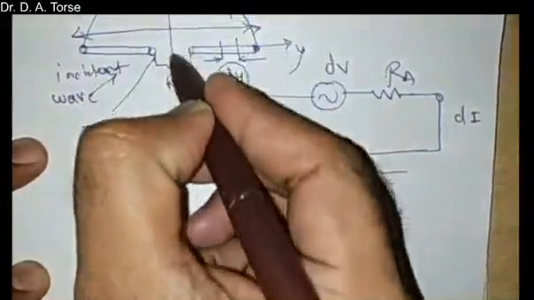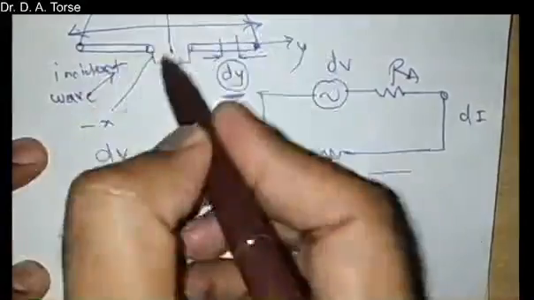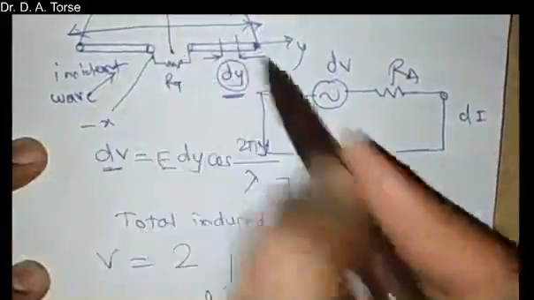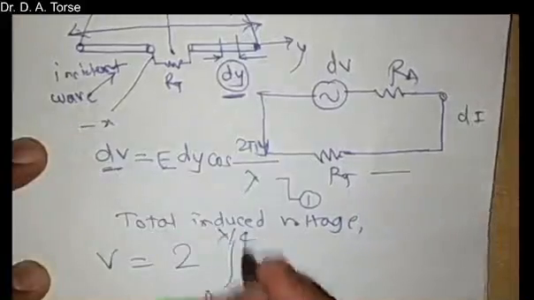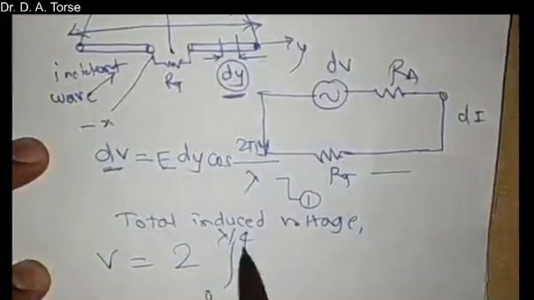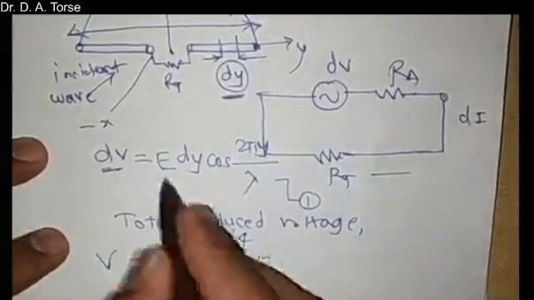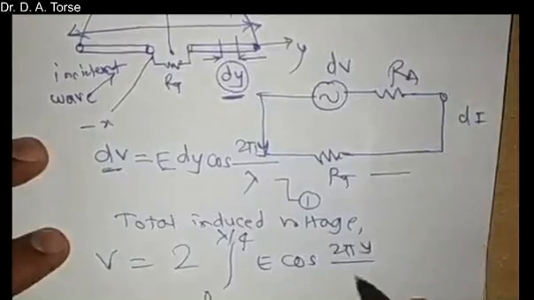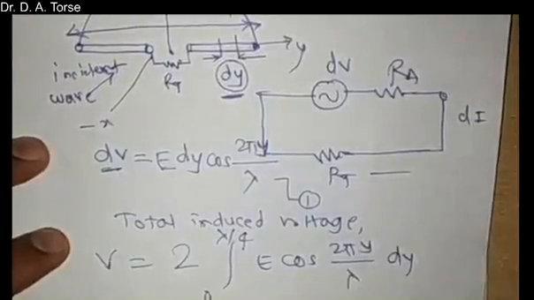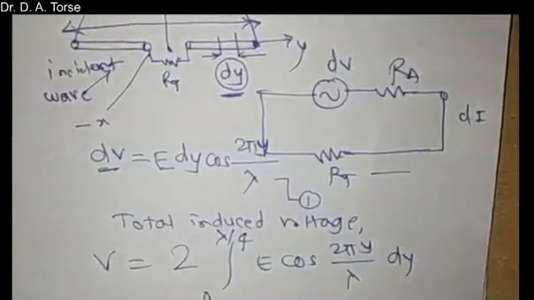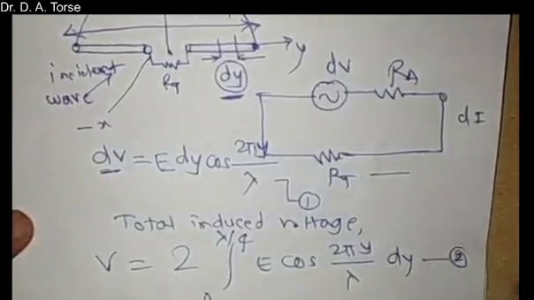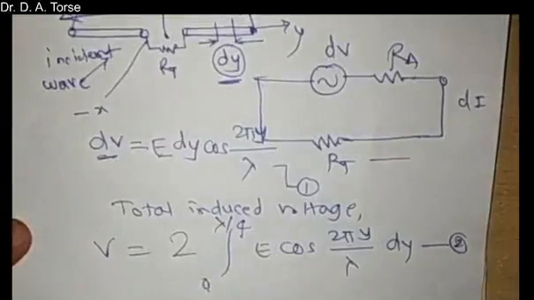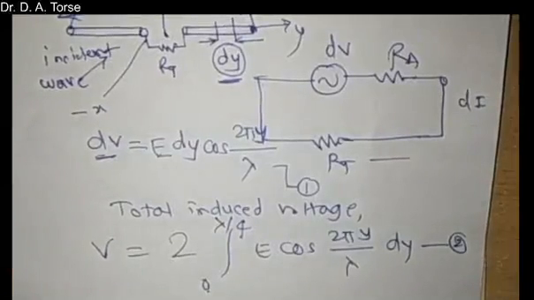Let's consider this as the center. Since it is lambda by 2, from the center we are considering this portion as lambda by 4. So for the limit 0 to lambda by 4, the term E cos 2 pi y by lambda is integrated, and the result of the integration V is obtained as 2E.